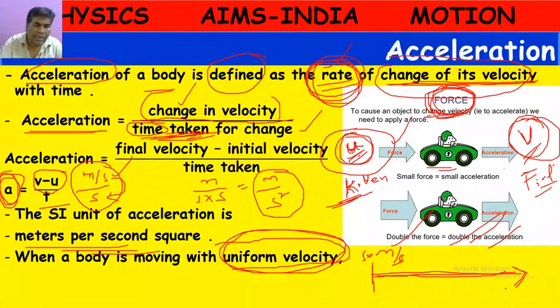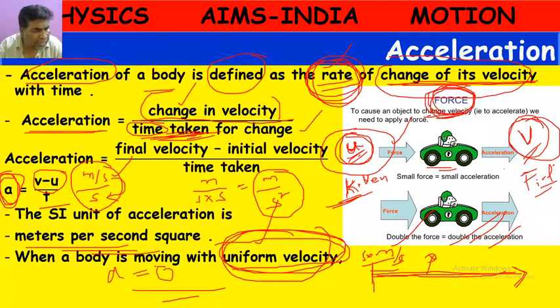With the same speed, it is moving forward. So then we call it uniform. It is moving with uniform velocity. As the velocity is not changing, we can tell that acceleration is zero.